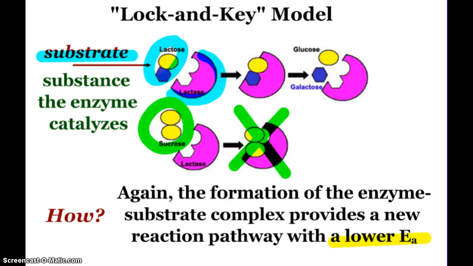Again, you can talk to your AP Bio teachers if you need more in-depth analysis on these enzymes. But again, our main focus for chemistry is the fact that our catalysts lower that energy of activation so that our reactions can proceed faster without having to increase temperature or concentrations to get the job done.